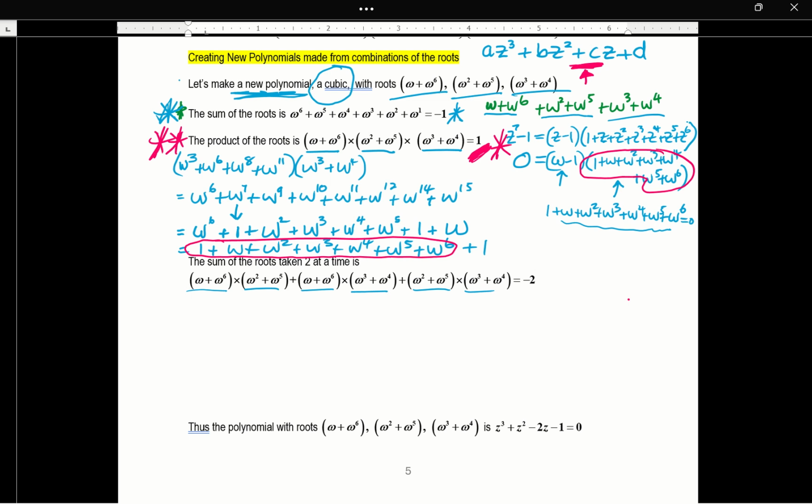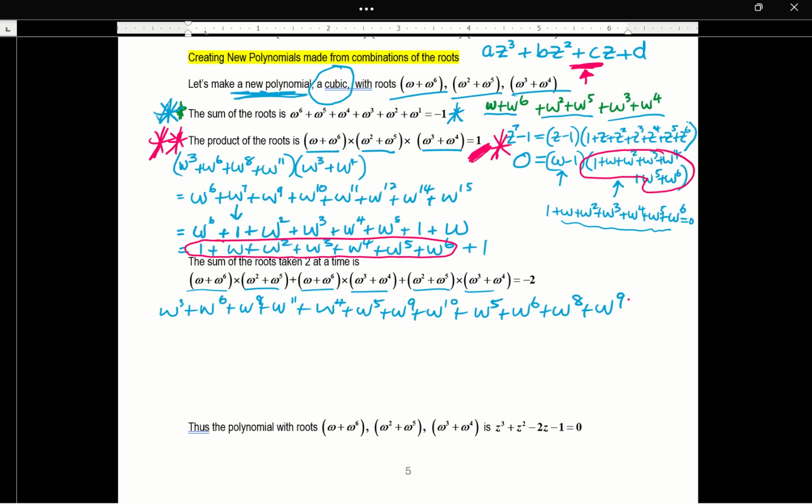Let's do it. We expand the first two sets and we get w^3 plus w^6 plus w^8 plus w^11 plus w. Now we're on to the second set of brackets. This is w^4 plus w^5 plus w^9 plus w^10, plus the last set of brackets is w^5 plus w^6 plus w^8 plus w^9.